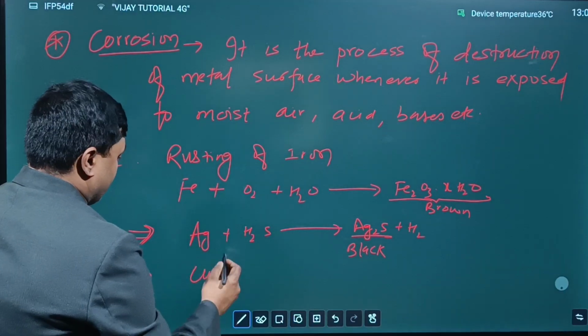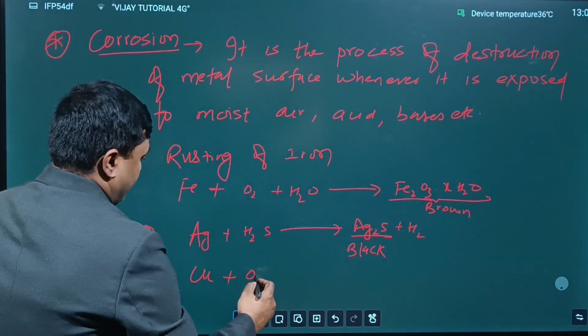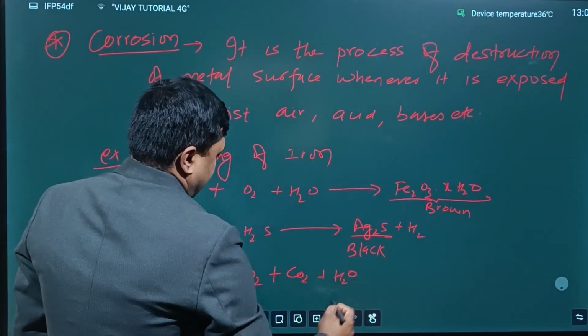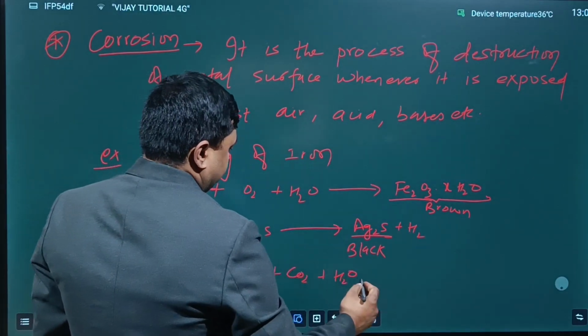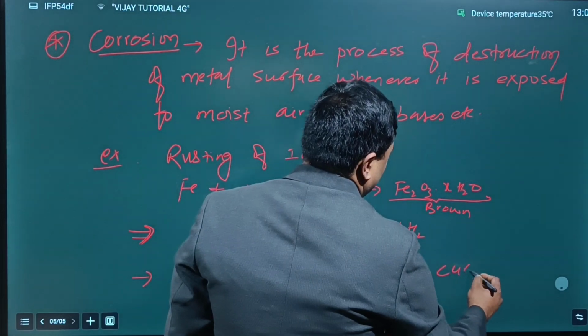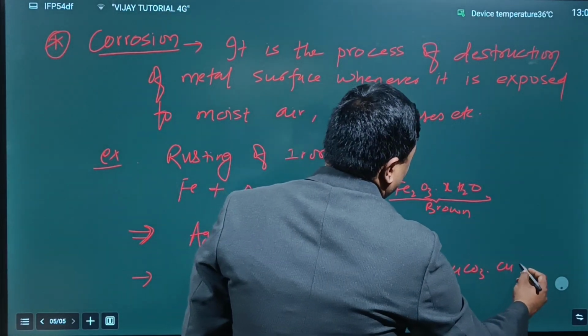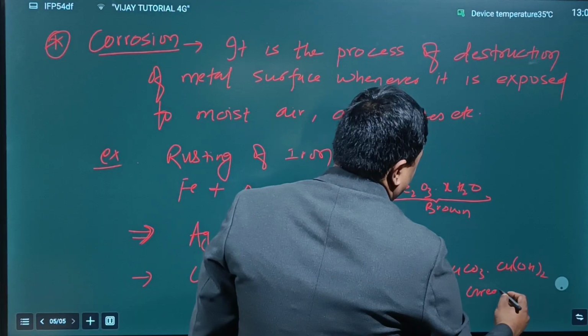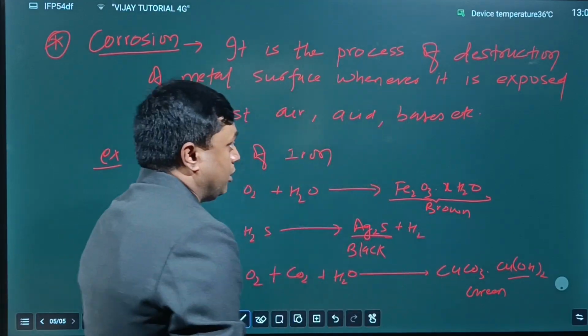Similarly, corrosion takes place in copper. Copper in the presence of O2, CO2 and H2O gives basic copper carbonate, green color, CuCO3·Cu(OH)2. So here a green coating of basic copper carbonate is formed.